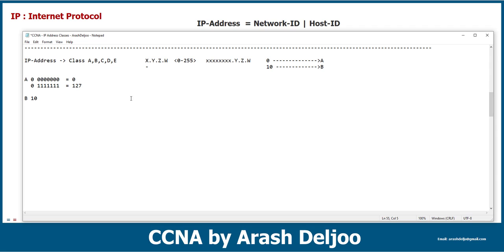You need to learn about this also. After that, we can use 6 zeros as the minimum value. If you calculate 1, 0 followed by 6 zeros, you will have 128 as the minimum value.